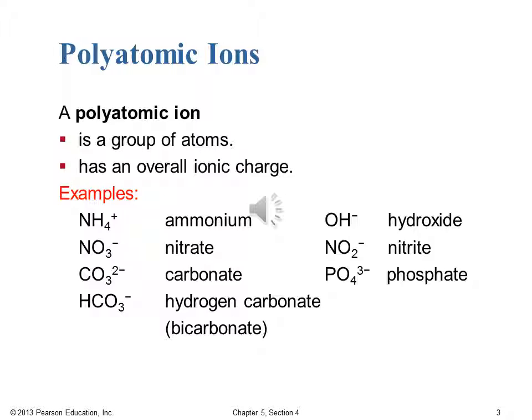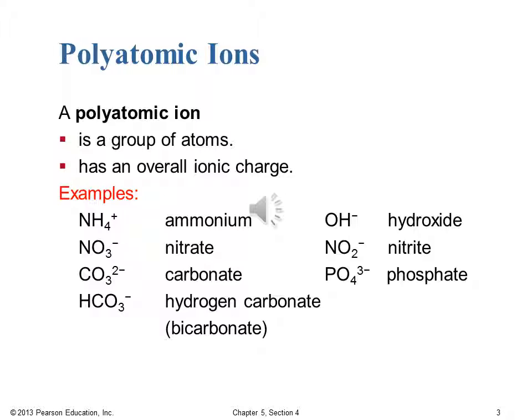The others: nitrate, carbonate, hydrogen carbonate, which is still referred to by the biologists as bicarbonate, but we've ditched that name in chemistry. We prefer hydrogen carbonate. That's our modern naming, but you'll still see bicarbonate a lot, and things like sodium bicarbonate, or sodium hydrogen carbonate, as we should call it, baking soda.